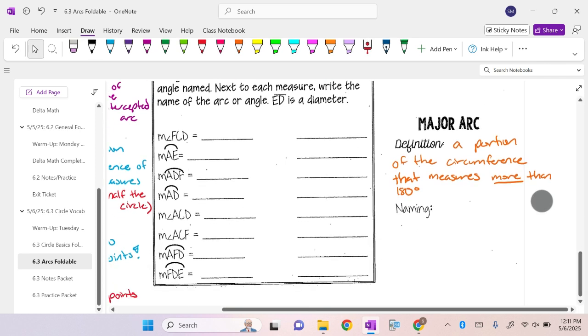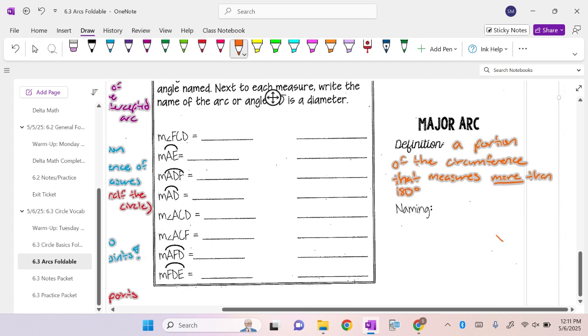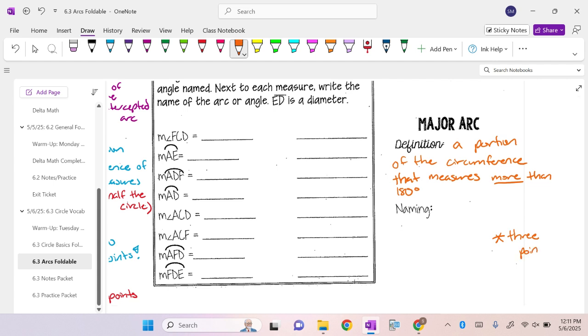Now, we measure or write out major arcs using 3 of its points. That's what clues us in to whether we're dealing with a major arc or a minor arc. So whether we're going the longer way around or the shorter way around between those 2 points.